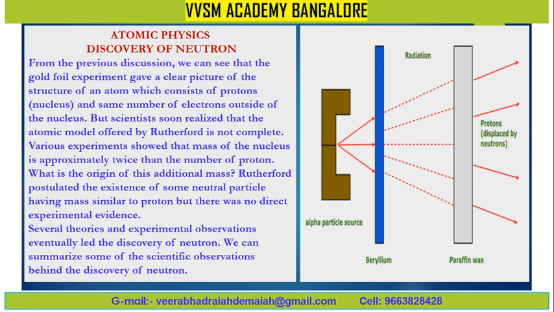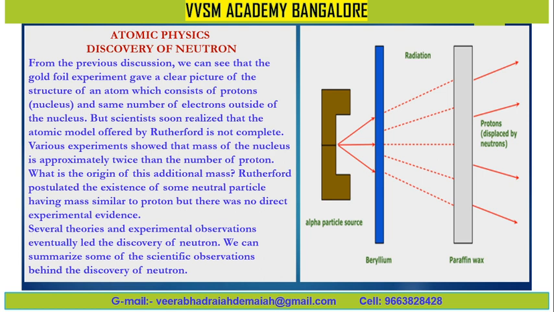What is the origin of the additional mass? Rutherford postulated the existence of some neutral particles having mass similar to proton, but there was no direct experimental evidence to prove that, and hence several theories and experimental observations eventually led to the discovery of neutron.